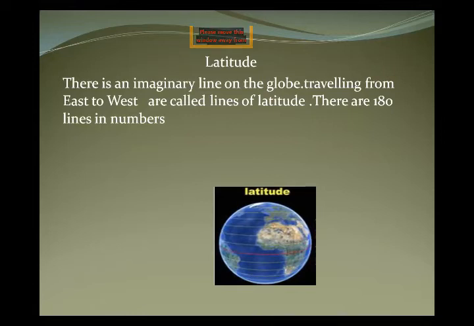These imaginary lines help us find the location of a place on the map. With the help of these lines, we can know where all cities, rivers, deserts, towns, and villages are located on the map. Now, we are going to move to another topic, that is prime meridian.